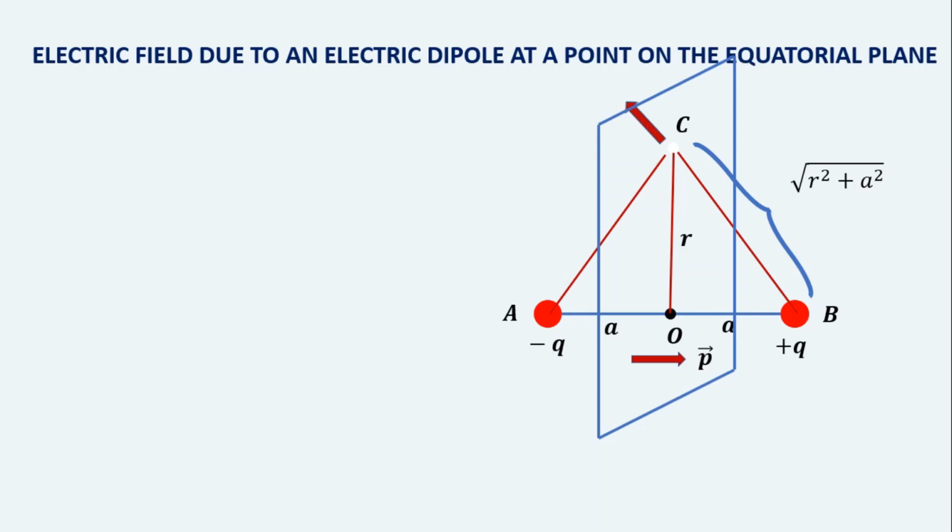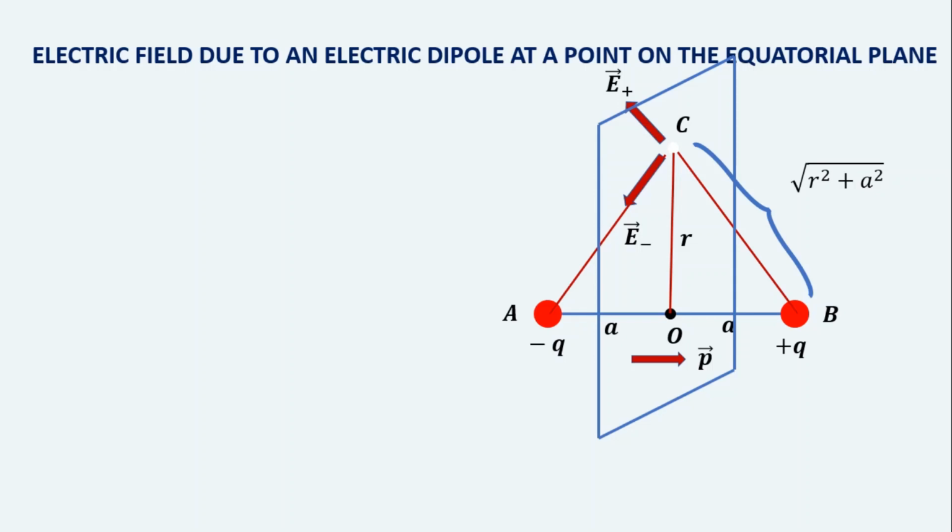Now let us find the electric field intensity at C due to plus q, which is away from the positive charge, represented by E plus vector. Let us find the electric field intensity at C due to minus q, which is towards the negative charge. We represent it as E minus vector.